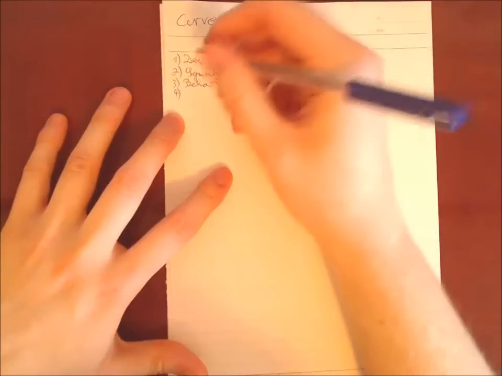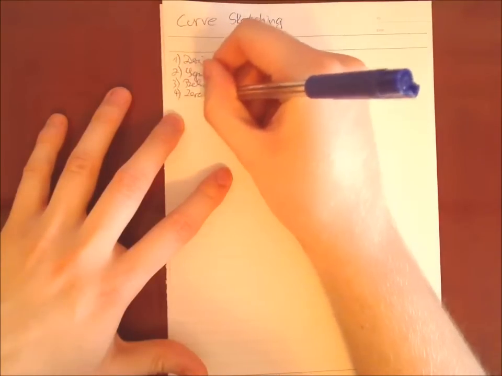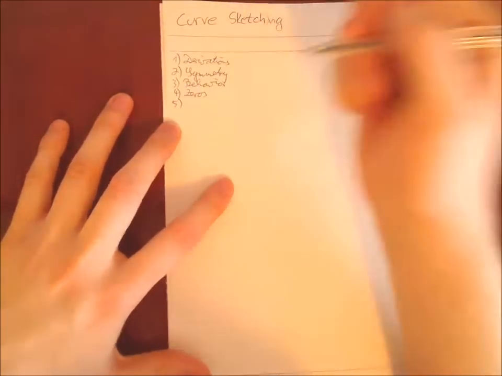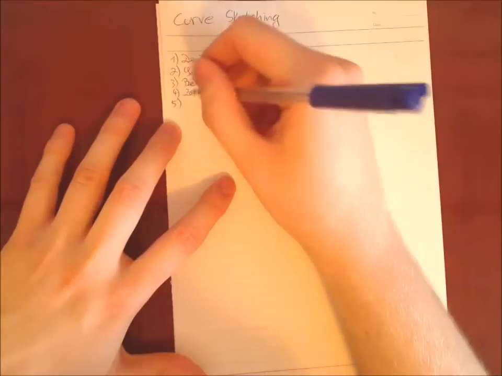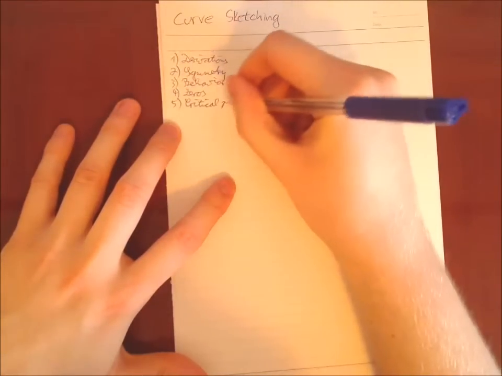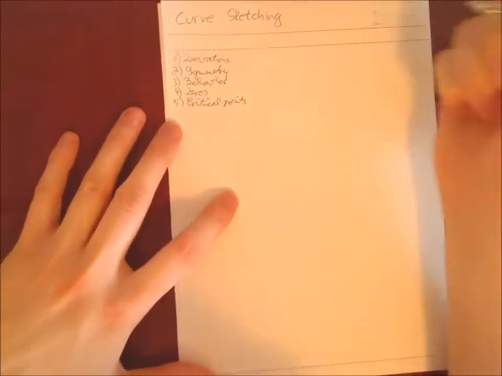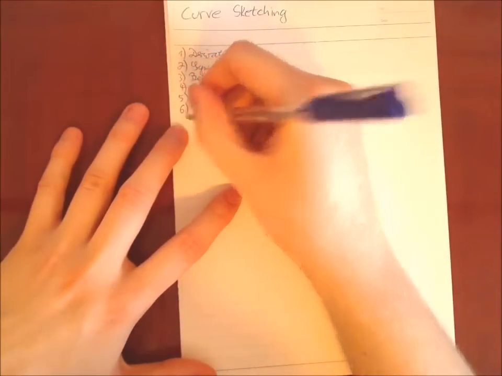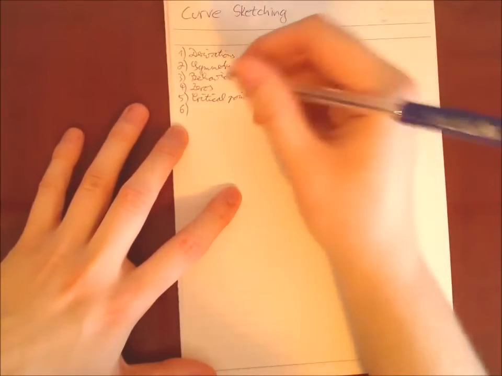Fourth step is zeros. The fifth step is critical points. The sixth step is inflection points.